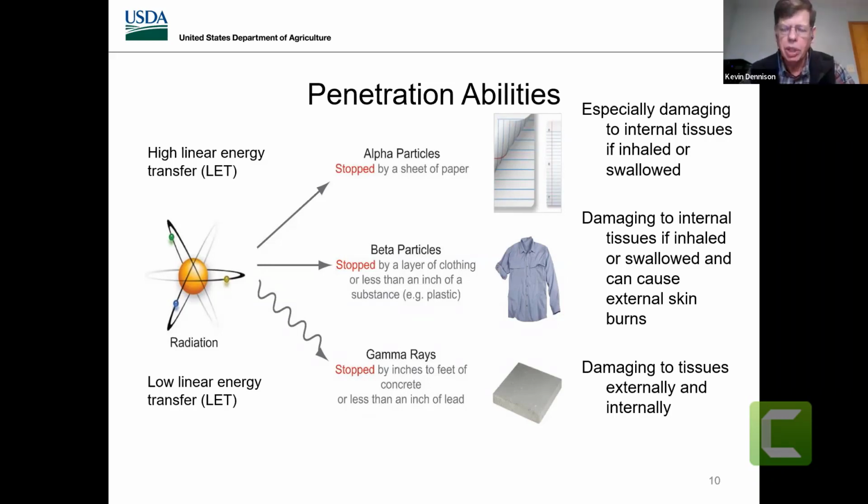With alpha particles, the dead layers of your skin will actually stop alpha particles. So externally, they really can't do much of anything. Together, they're considered what some people will term high linear energy transfer radiation. So if you ingest or inhale alpha or beta particles, you will absorb 100% of the energy from that radioactive decay.